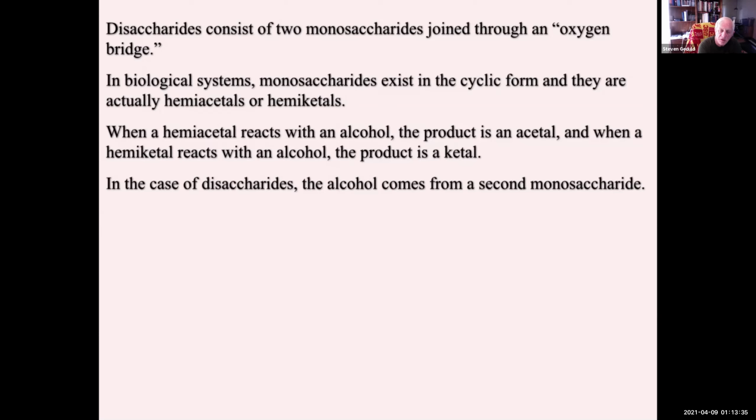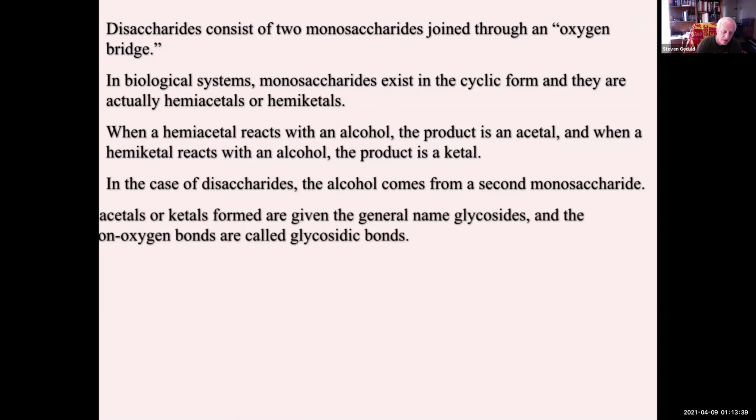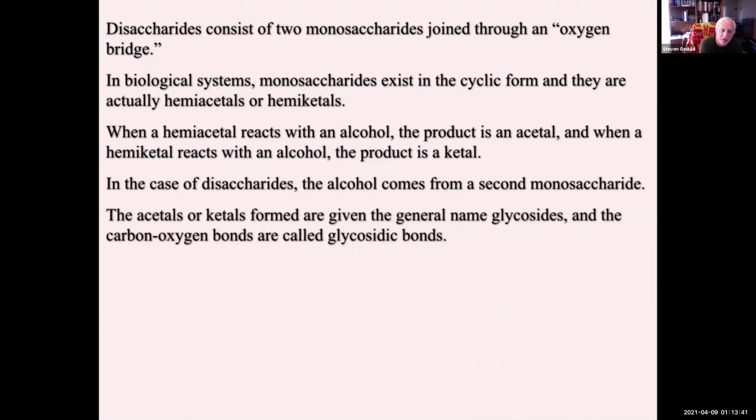We get a dehydration reaction, we lose H and OH, and a bond forms between them. The acetals or ketals are given the general name glycosides. So when they form the bond between the two monosaccharides, they're called glycosides. And the carbon-oxygen bonds are called glycosidic bonds.